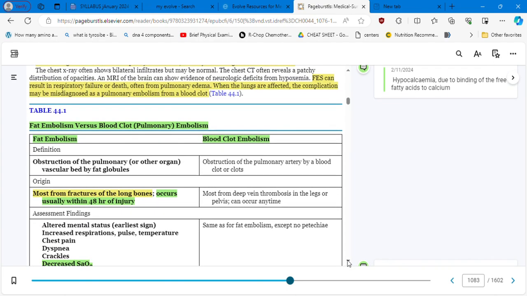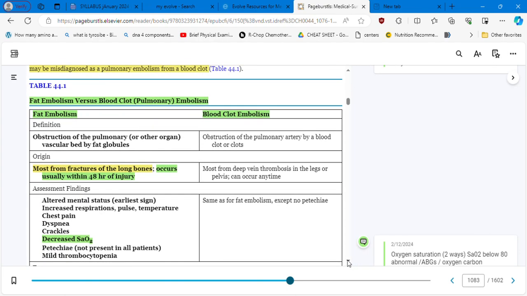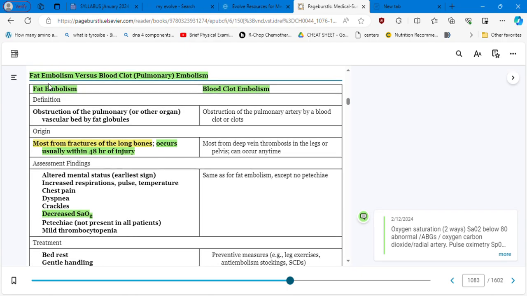So we have the table here that is telling us the difference between fat embolism and blood clot embolism, right? Obstruction of the pulmonary or other organ vascular bed by fat globules. This is the fat embolism. This is the definition. And blood clot is obstruction of the pulmonary artery by a blood clot or clots.